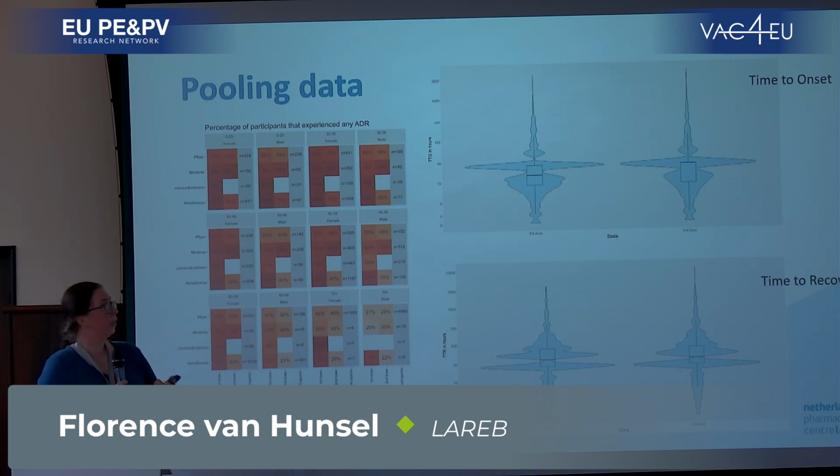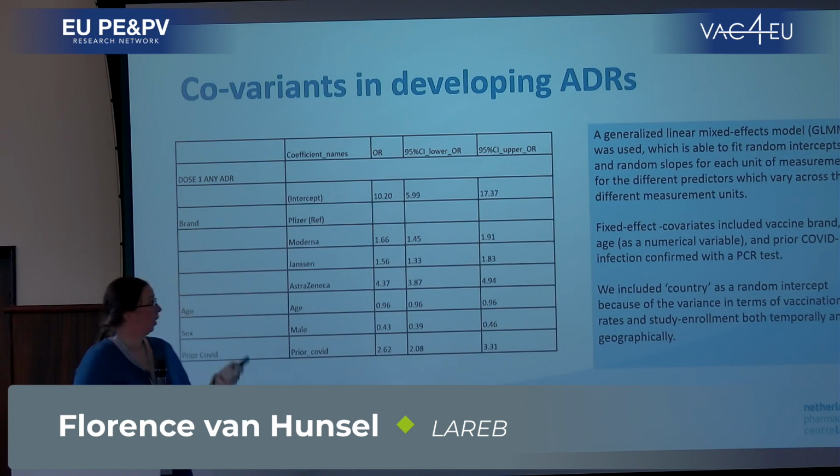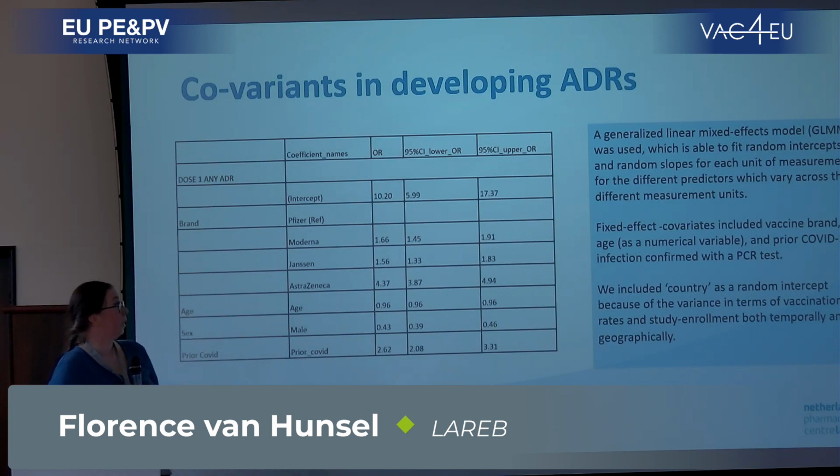You can pool data together and then, for instance, look at frequencies in different strata. We are looking at time to onset and time to recovery, but you can also look at covariance for developing ADRs. And this is something that we used a mixed effects model for. I'm not going into all details because we're planning a publication.